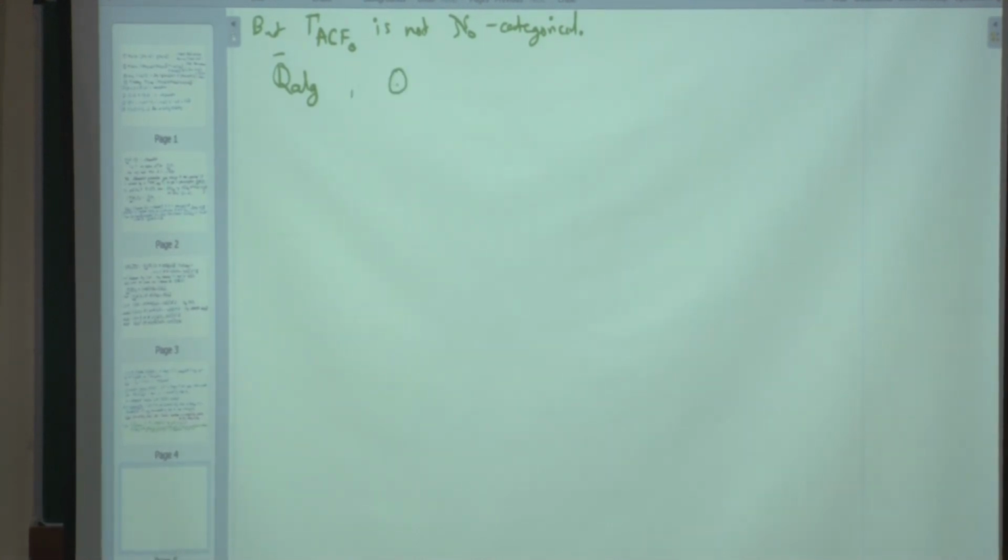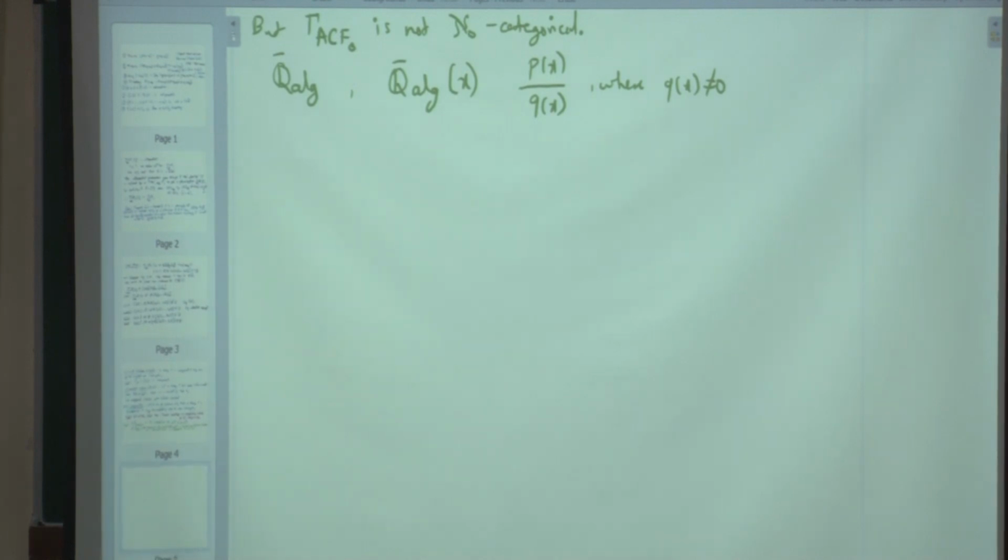Then I can also take, perhaps this is a bit too much for you, polynomials with coefficients from Q bar alg and take quotients of them, so a polynomial p(x) divided by q(x), where q(x) is not identically 0.